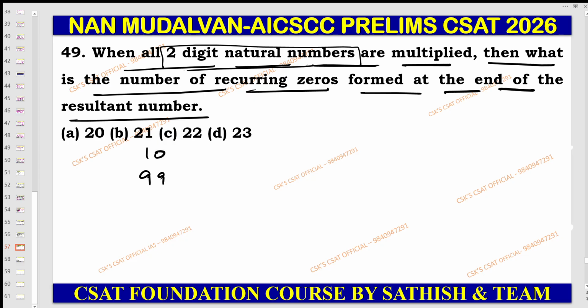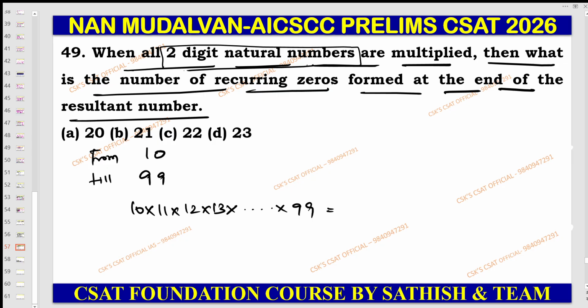From 10 till 99, when multiplied, this is the concept: 10 into 11 into 12 into 13 and so on, into 99. What is the number of zeros?